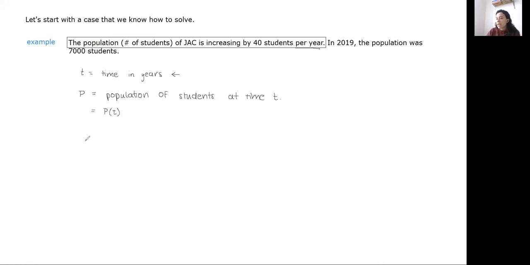So the population of students, P, has a rate of change, or a derivative, that is equal to 40. And 40 is positive because the population is increasing by 40 students. If the population were decreasing by 40 students, then it would be negative 40.